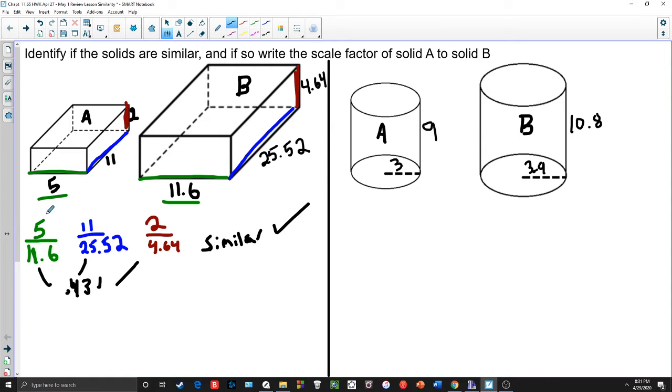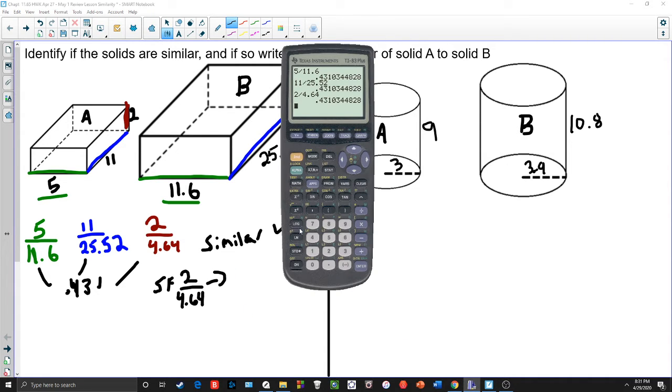I could pick any one of these fractions as the scale factor. Usually I pick the smallest one, which would be 2 out of 4.64. Now this is usually not a good way of writing your scale factor because you don't want a decimal inside your fraction. To write it correctly, I could type 2 divided by 4.64 in the calculator, get the decimal, and then do math fraction, and it will tell you the fraction.